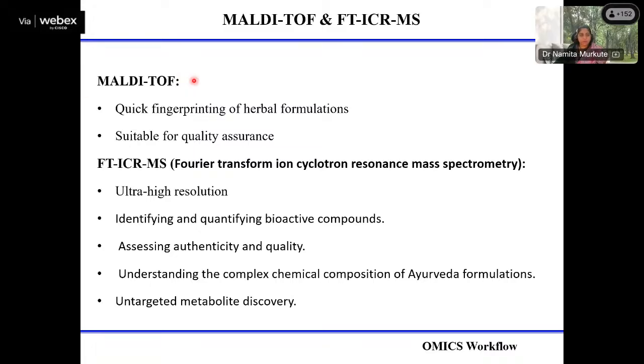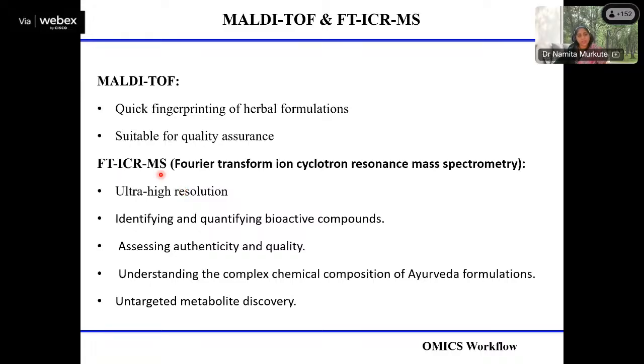So MALDI-TOF is another mass spec. You can use this only for quick fingerprinting of herbal formulations. For example, if you know that in my herbal formulation A, B, C, D are the key ingredients, you can check them directly and quickly using MALDI-TOF mass spec, so it is very suitable for quality assurance.